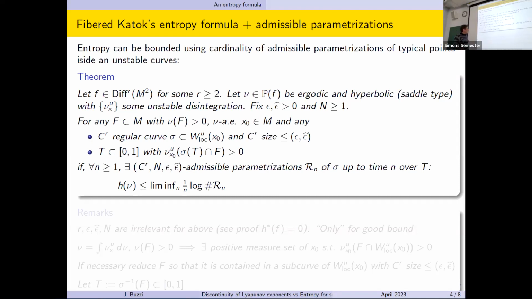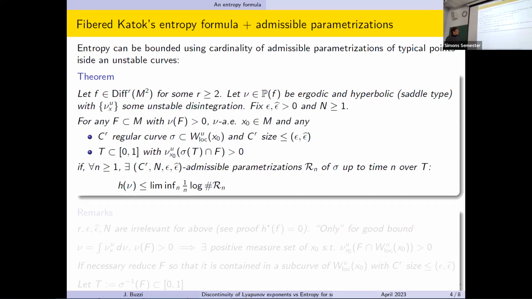Let me remind you, it means essentially that you divide this curve sigma, and on each piece, the composition with any iterate up to n still has a small C^R size bounded by epsilon hat.